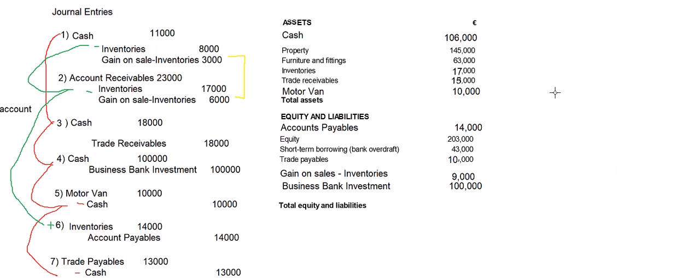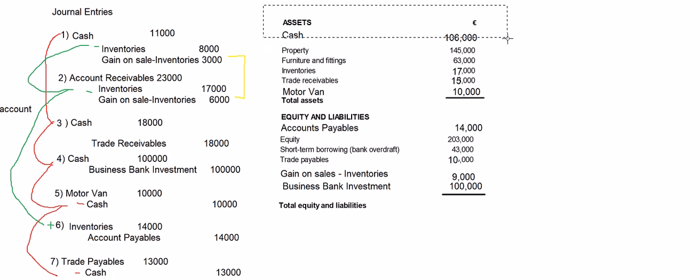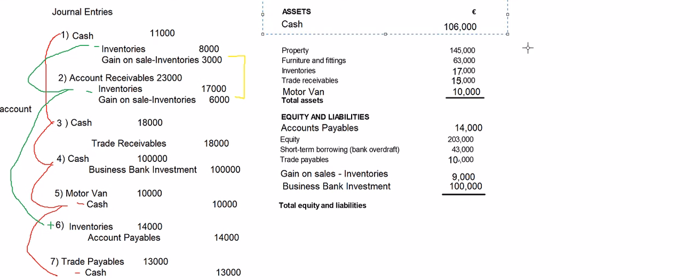And now we need to sum all the numbers in here. I'm missing accounts receivable. We need to put accounts receivable in here. That should be about 23,000.